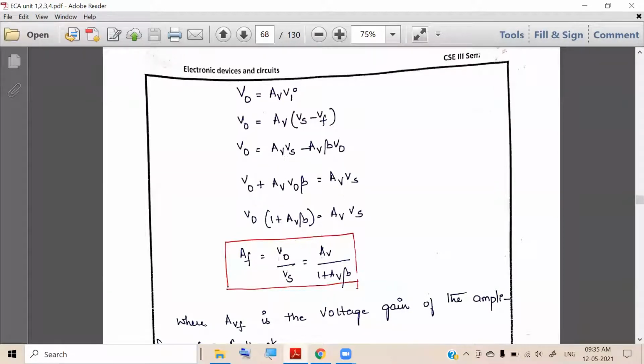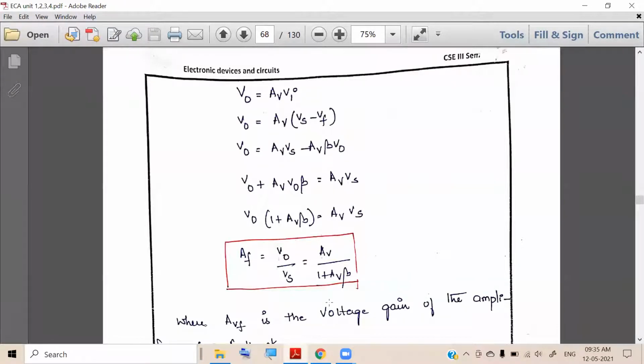Then on the RHS, AB Vs as it is. Now in the LHS, let's take V naught common: V naught times 1 plus AB beta is equal to AB Vs.